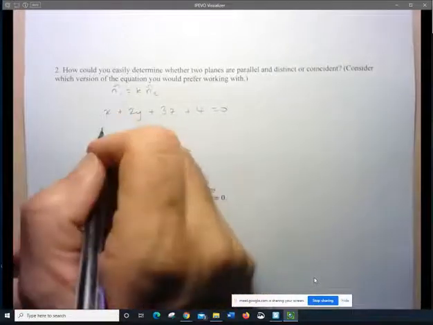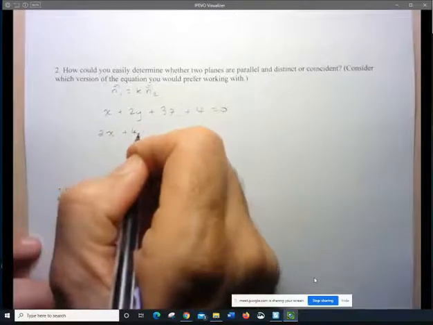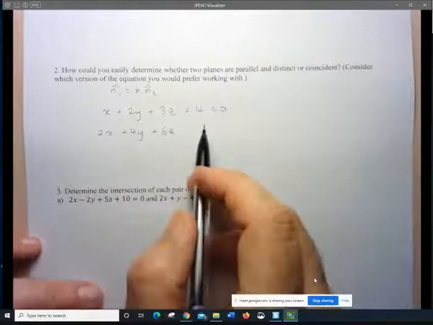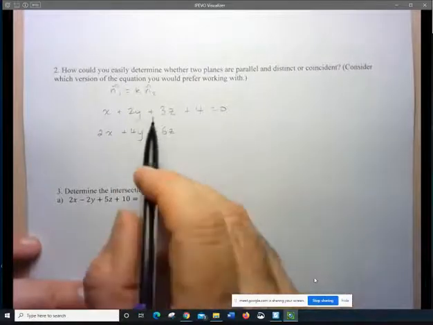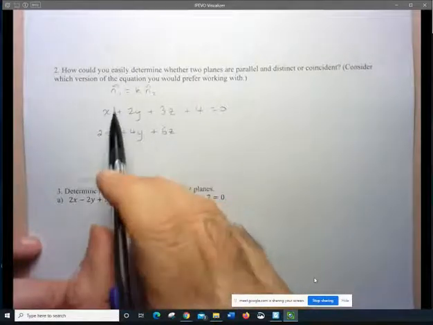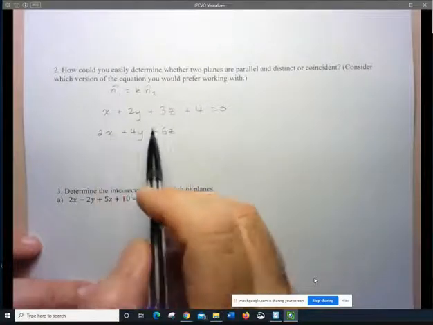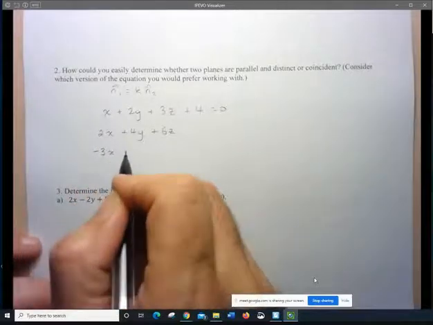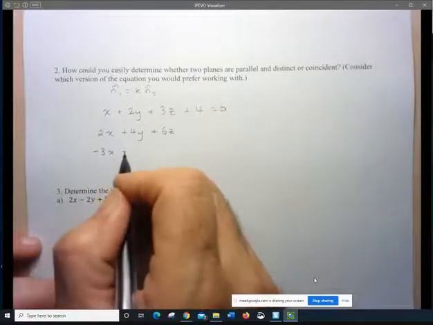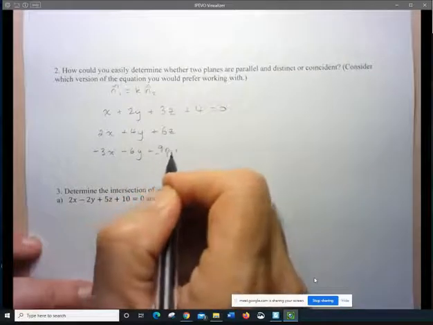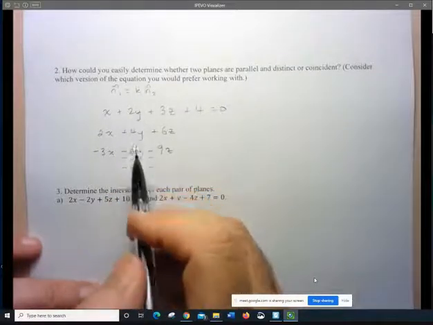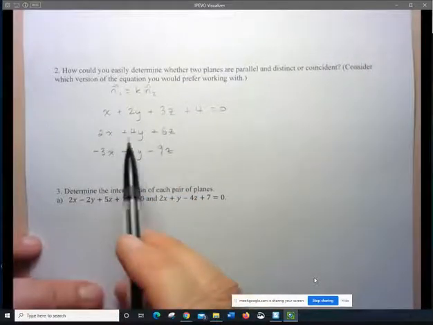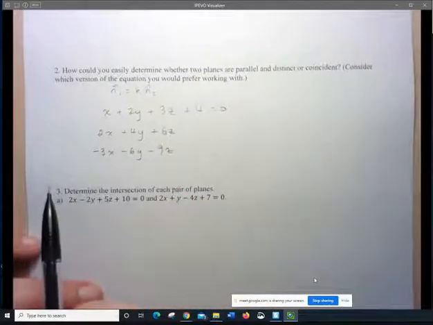So I know that whatever I put afterwards, these two planes have to be parallel, because 1, 2, 3 and 2, 4, 6 differ by a scalar multiple. And here, if I have negative 3x minus 6y minus 9z, these three planes are all parallel to each other because the normal vectors are all scalar multiples of each other, okay?